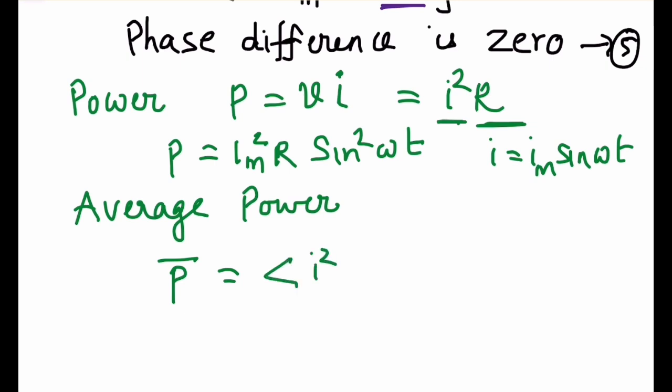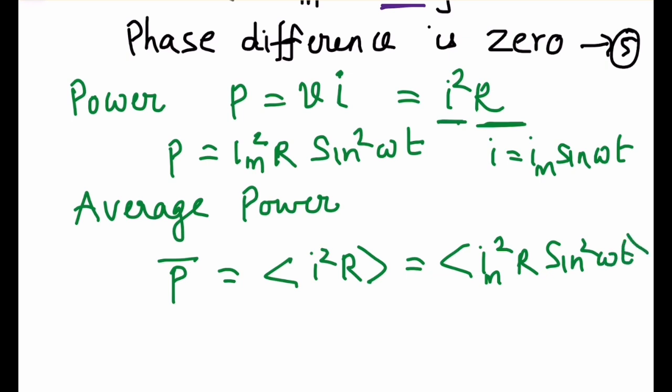If you keep it in triangular brackets like this, it is the meaning of average power. So that is equal to Im square sine square omega t. This is the average value. So when you keep the triangular brackets, it tells us the average value of the quantity inside the bracket.